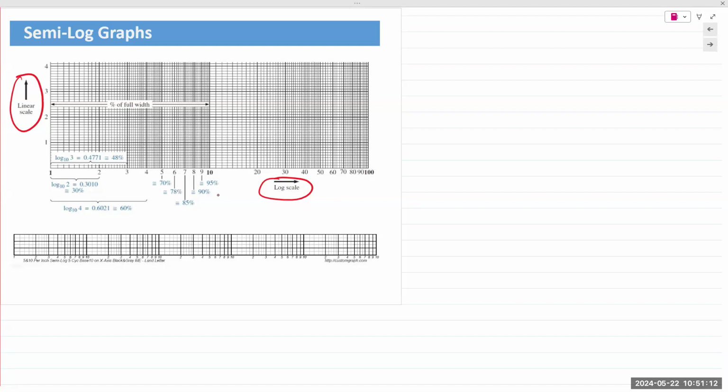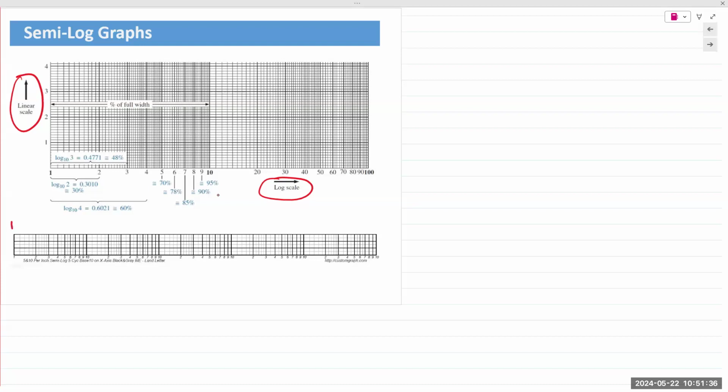Hence a log scale. It's multiplied with an exponent. So there is no 0. You have 9 divisions, 1, 2, 3, 4, 5, 6, 7, 8, 9. And then you again start with 1, 2, 3, 4, 5, 6, 7, 8, 9. On a linear scale, you go from 0 to 9, but you're adding it up. On a log scale, you're multiplying.